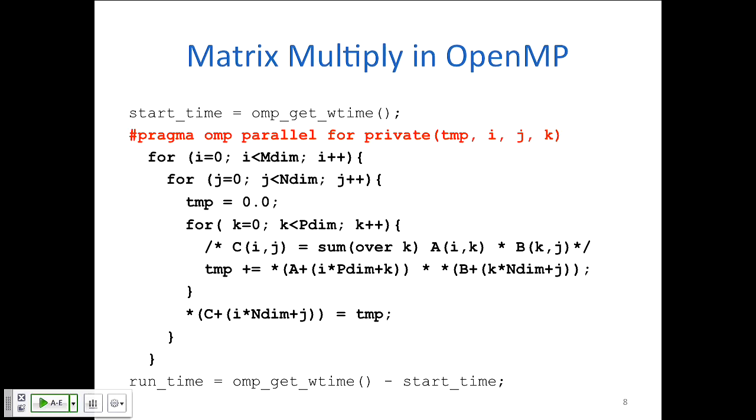Then the inner loop is, at each point, you need to step down the input matrices to do the dot product. You multiply and add those values together to calculate that one result in the output matrix. So you set the sum to 0, you do the multiply and accumulate here, and this just does the inner dot product that calculates one result in the output matrix. And then the outer two loops are just traversing all the elements in the output matrix.